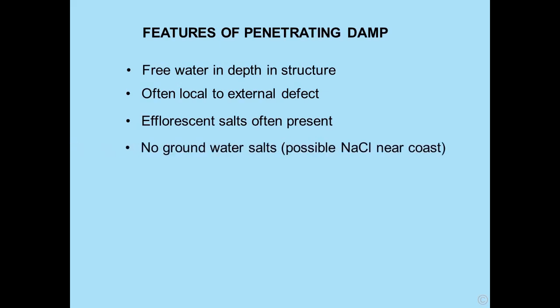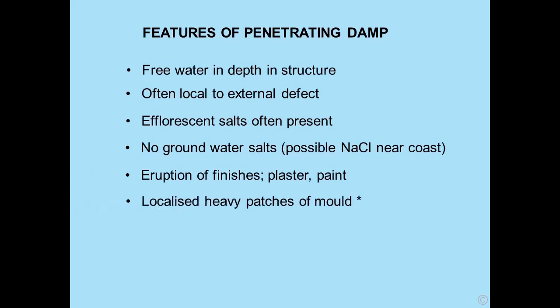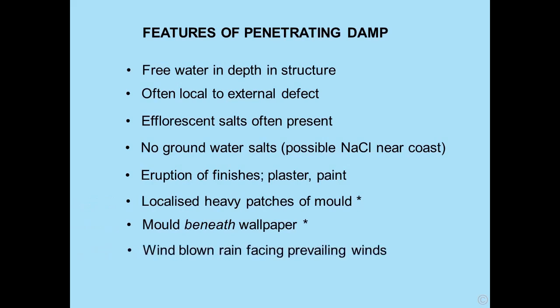No groundwater salts, although possible sodium chloride, seawater near coast due to windblown rain or spray. Eruption of finishes, plaster and paint. Localized heavy patches of mould. Mould beneath wallpaper. And windblown rain facing prevailing winds.